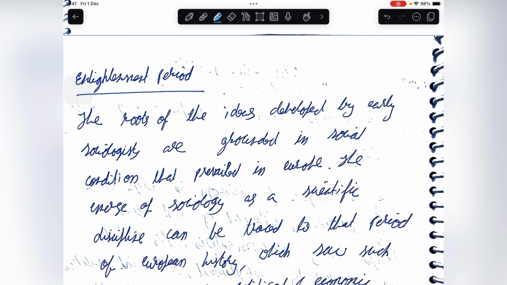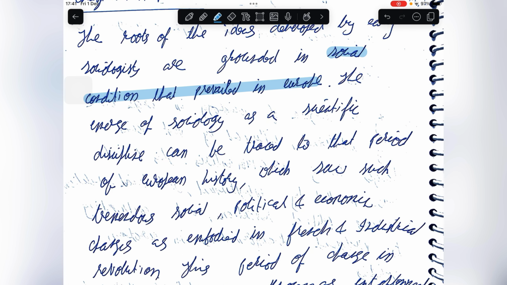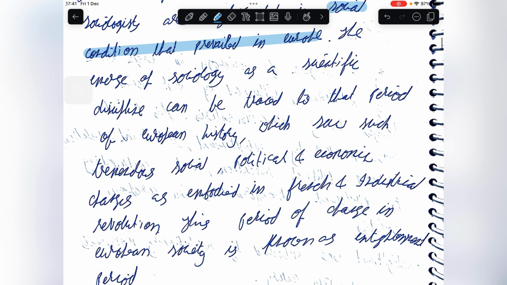The roots of the ideas developed by early sociologists are grounded in the social conditions that prevailed in Europe in that particular period of time. The emergence of sociology as a scientific discipline can be traced to the period of European history which saw tremendous social, political, and economic changes as embodied in the French and Industrial Revolutions.